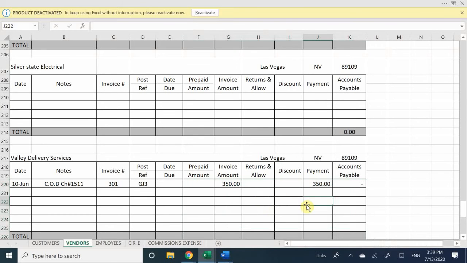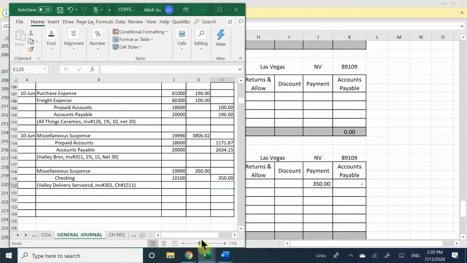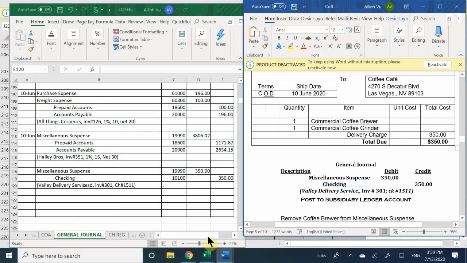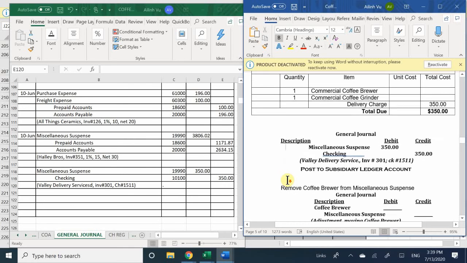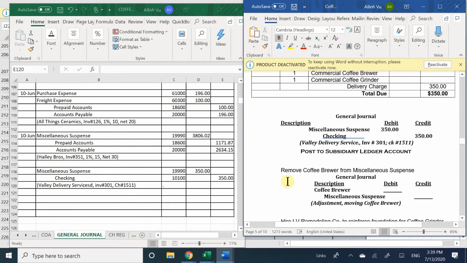Okay. All right. Now let's go back to our journal and our ledger, our scenario. Now that we've already finished that, it says remove the coffee brewer from the miscellaneous suspense.